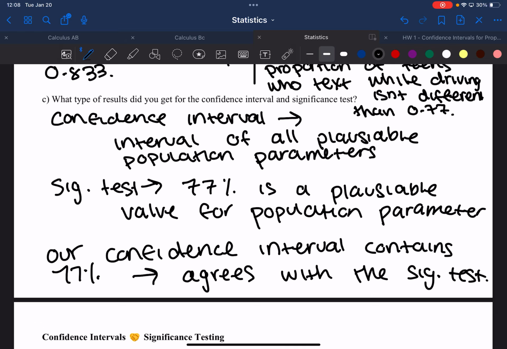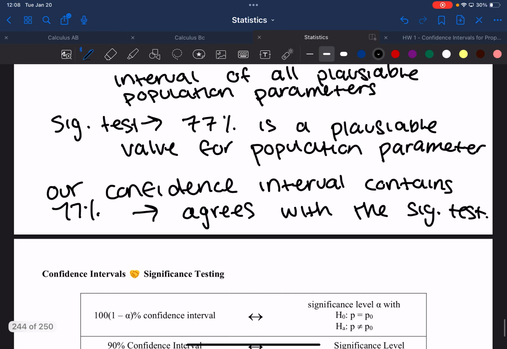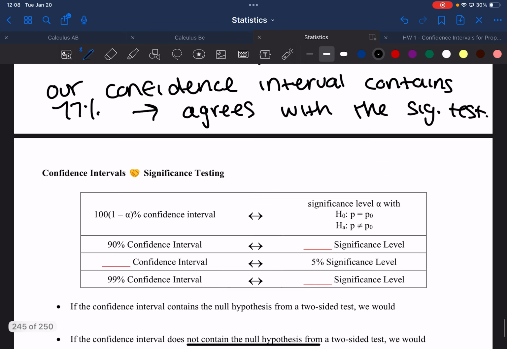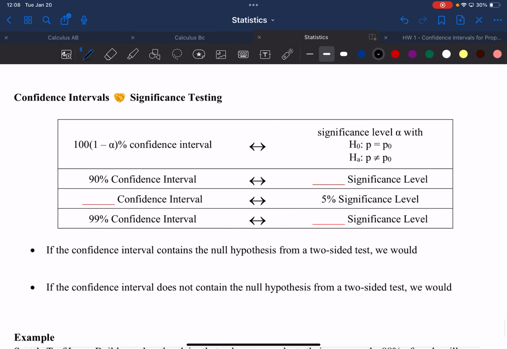And the reason we see a connection between the two is based on the next part here. So look, it has confidence interval shaking hands with significance tests. Okay, we can only say that they are equivalent to each other if the confidence interval and significance level total up to 100%.